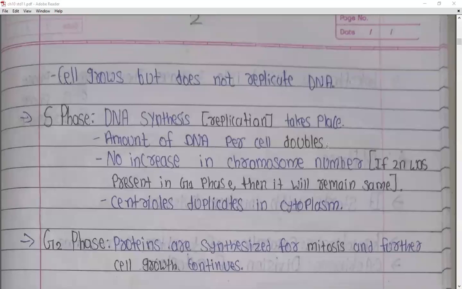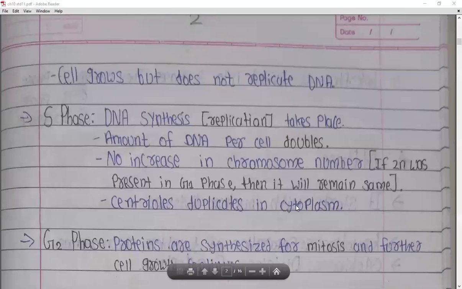Here there will be no increase in the chromosome number, and if 2n was present in the G1 phase, then it will remain the same. So whatever was 2n in the G1 phase is going to remain the same in the S phase also, right? So there will be no increase in the chromosome number.